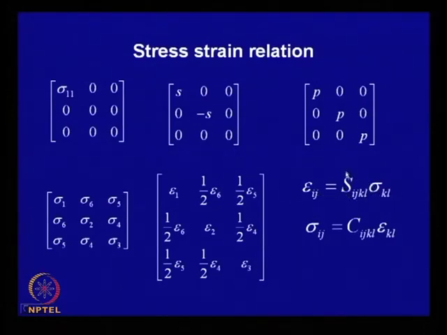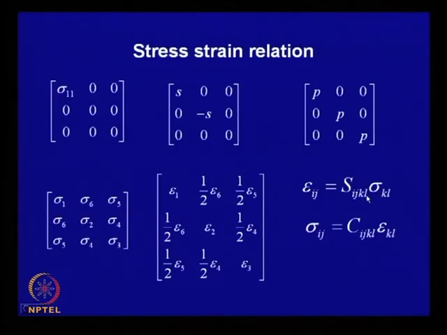And this matrix S ijkl is called the compliance matrix, and C ijkl is called the stiffness matrix. This kind of representation also signifies that this is not just one term.